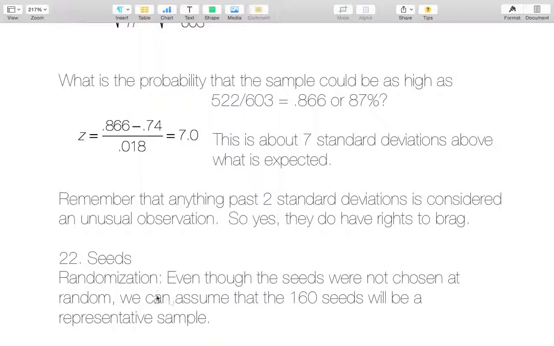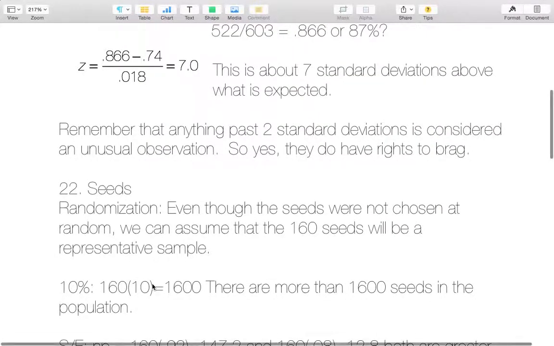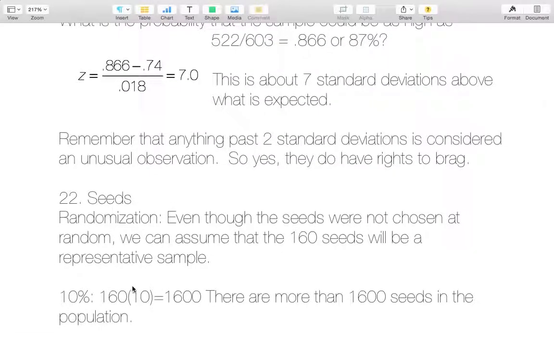Whenever you write out your assumptions and your conditions, I do expect some sort of statement about each one, especially the randomization and independence. 10% and success and failure, those two things have to be actually calculated, and you'll see that in just a minute. Next part. In this case, we're trying to find probability.